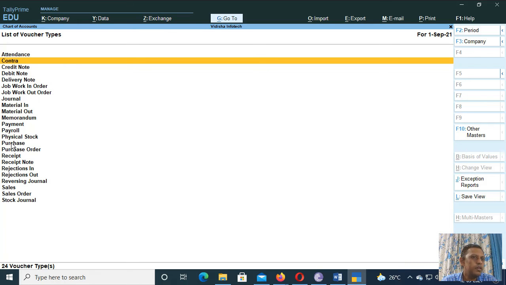Then payments, payrolls, physical stock, purchases, purchase order, receipt note, rejections in and rejections out, reversing journals, sales order and stock journal. So these are the types of vouchers which we will be using in Tally ERP 9, or we can say Tally Prime, throughout.